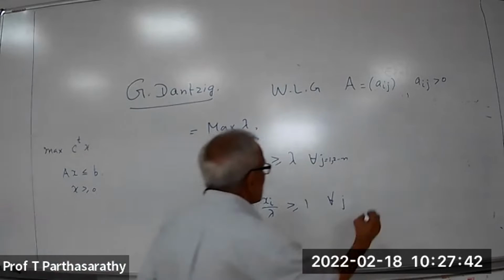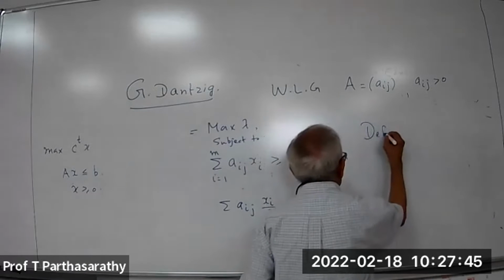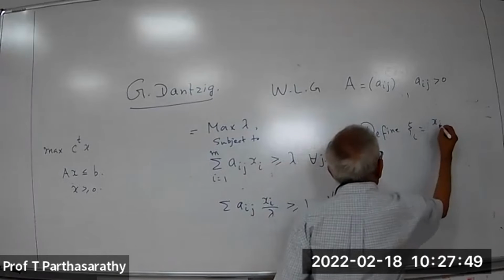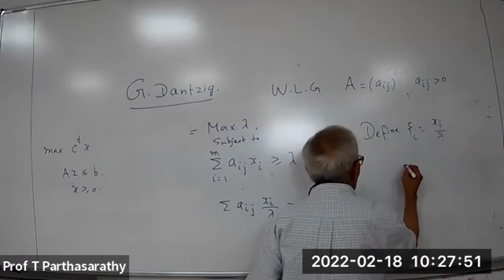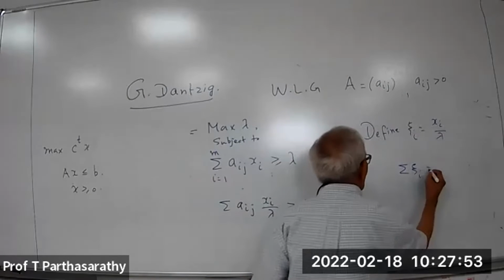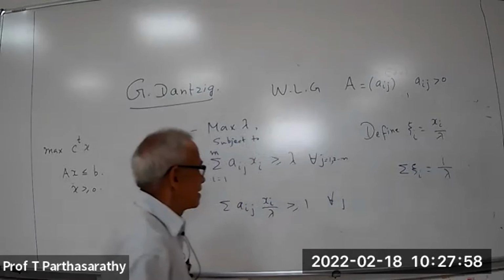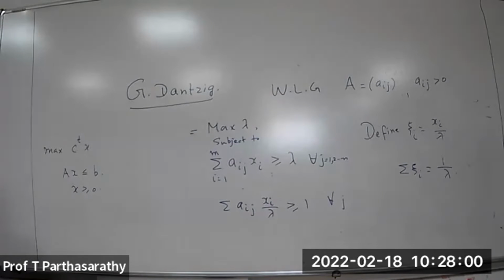Now define xi equal to xi by lambda. Now what is happening? Summation xi is equal to 1 by lambda. Is that clear?